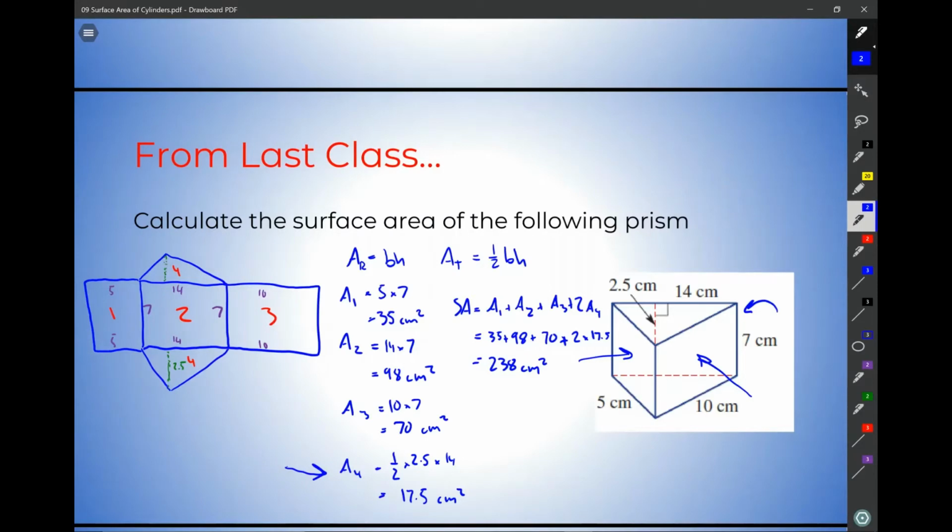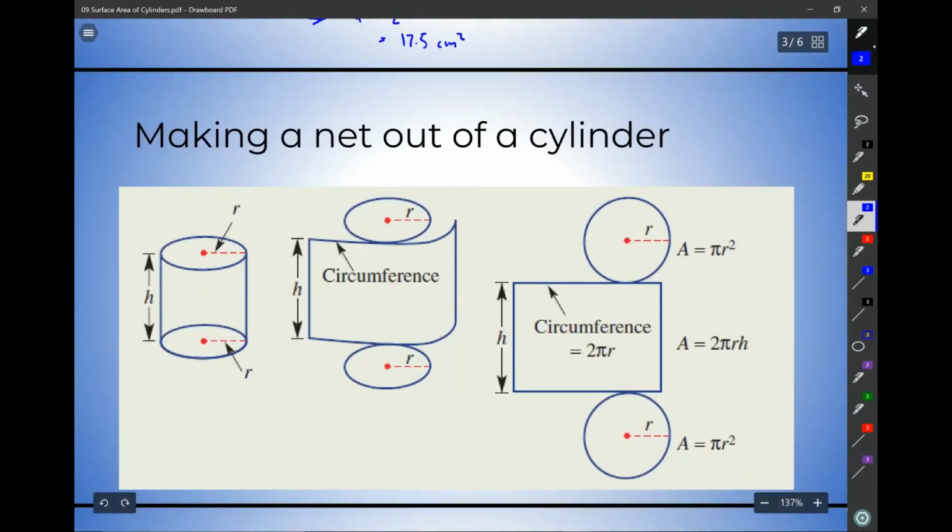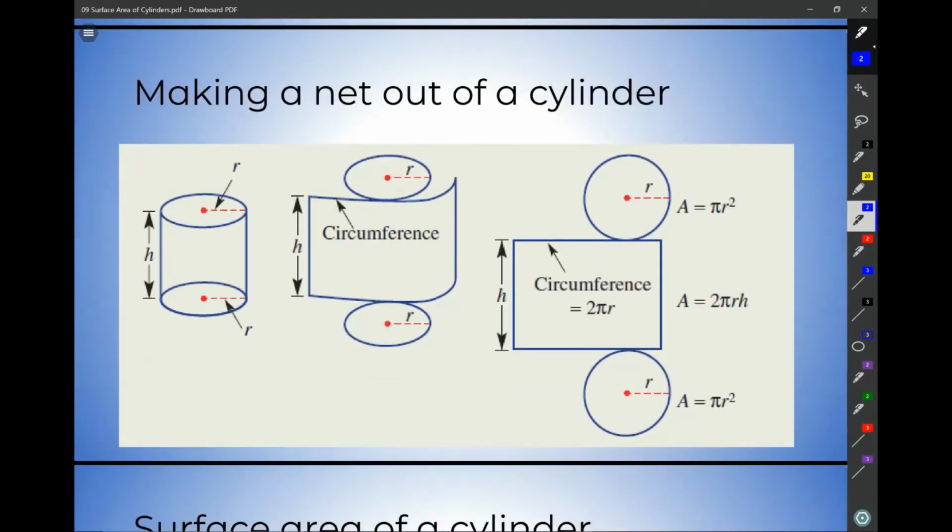Alright, let's look at applying this to cylinders. So what we're looking at here is the process of turning a cylinder into a 2D net. Now we're taking the circles from the top and the bottom and we're just laying them flat.